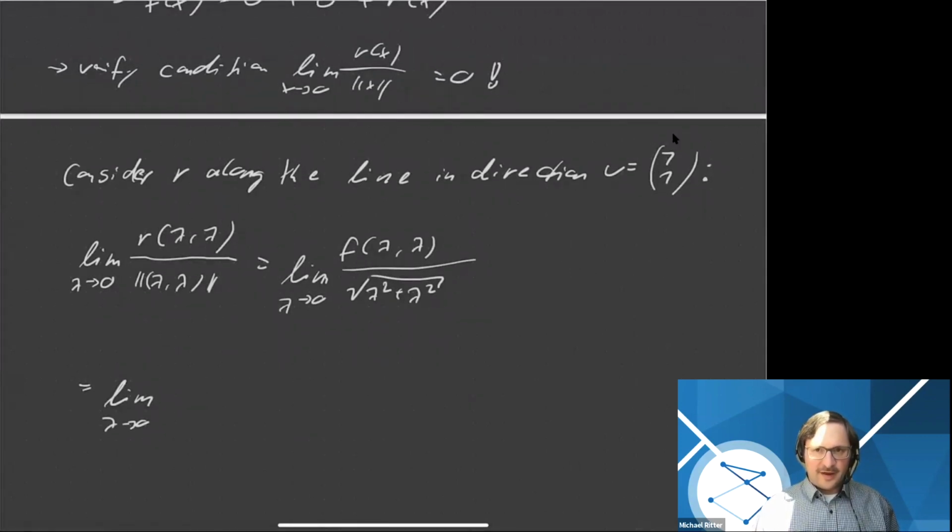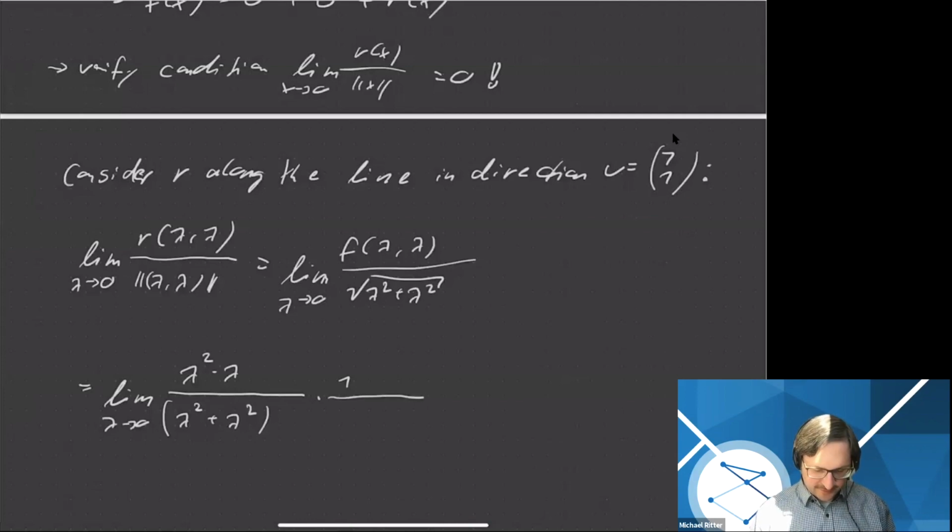If you remember, this f is defined as x1 squared times x2 over x1 squared plus x2 squared. So x1 and x2 both are lambda now. We've seen something like this before. So what we get here is lambda squared times lambda over lambda squared plus lambda squared. And we still have this square root here, that's the square root of 2 lambda squared.